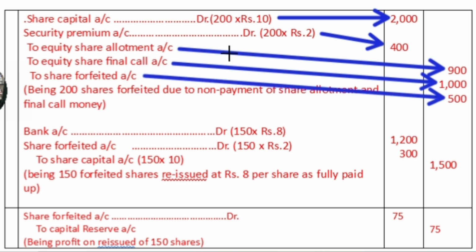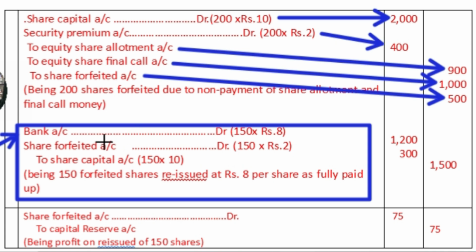This is the forfeiture entry, and then the next journal entry is the reissue. The reissue entry is this: company gets money, so bank account debit. The face value of the share is rupees 10. These shares were reissued at rupees 8 per share, and the loss per share is rupees 2.